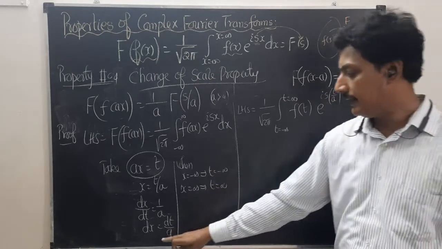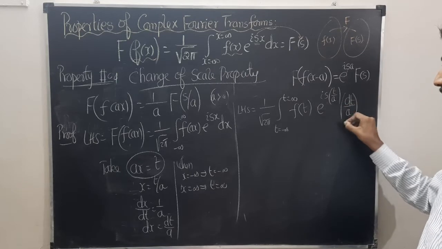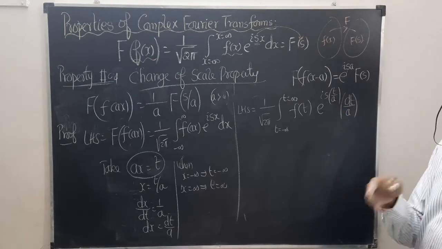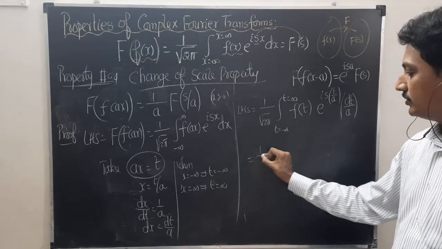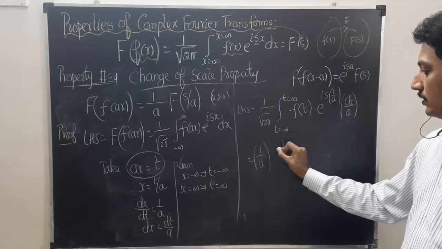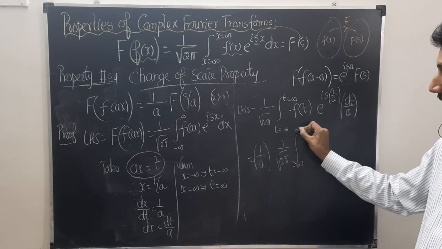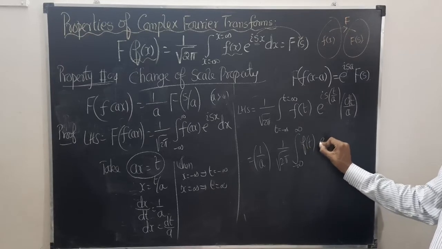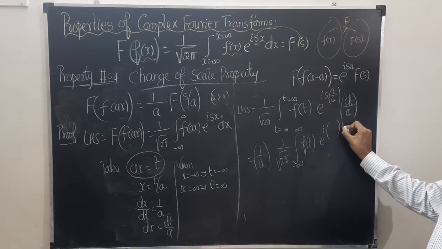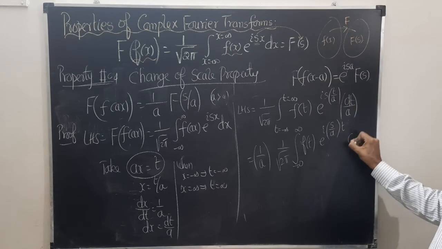What about dx? dx is dt by a, where a is a positive constant, because if a is 0, anything divided by 0 becomes infinity, so we avoid this case. Since a is a constant, we take 1 by a outside. So 1 by square root of 2 pi, integral from minus infinity to plus infinity, f of t, e to the power i s by a into t, dt.